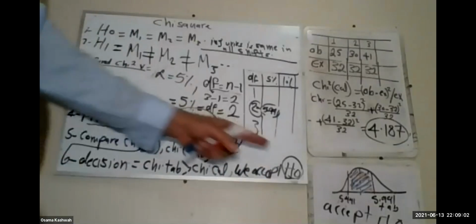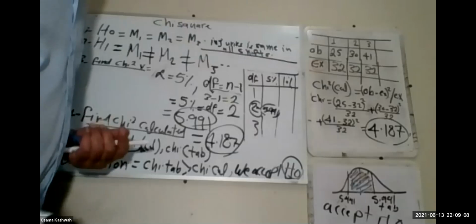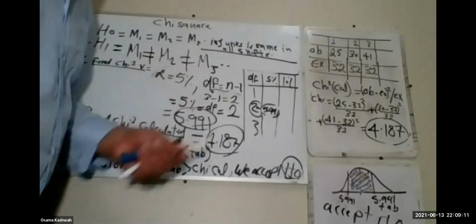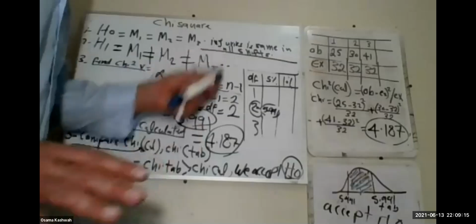So we will accept H0 here, and H0 is telling me that there is no difference. All the injuries in the 3 shifts are the same, meaning no difference in one shift than the other, and so I will accept H0.